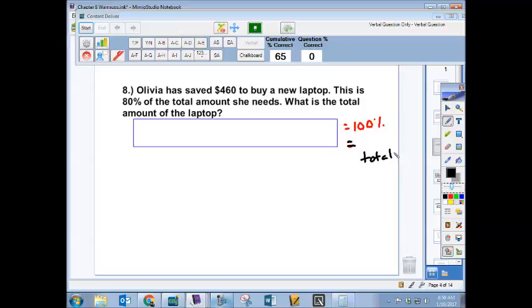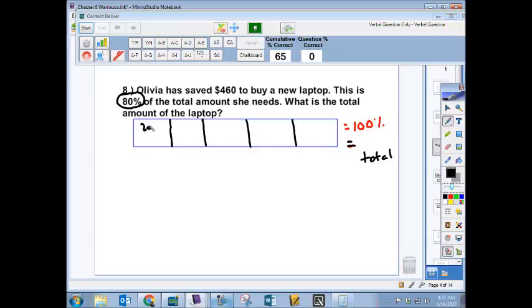Okay. Now, Olivia has saved $460 to buy a new laptop. This is 80% of the total amount she needs. So because that says 80%, how should I cut my strip diagram up? First of all, I'm going to cut it up into 5 pieces of 20%, just like we did last time, right? So here we go.